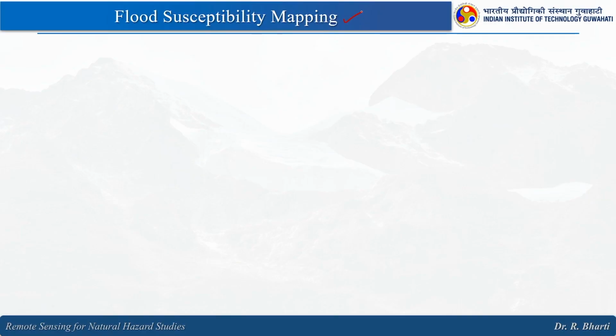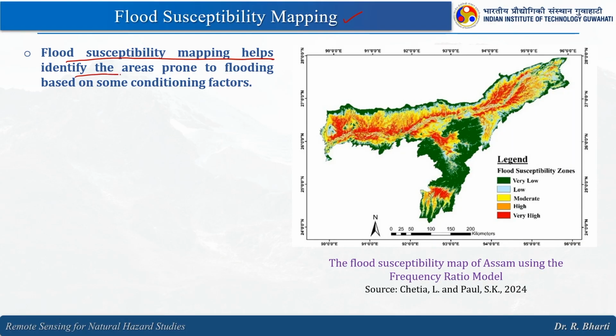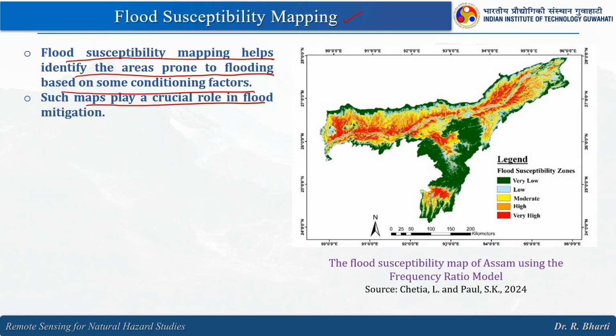One important aspect is flood susceptibility mapping. What are the areas which are susceptible to flood, which have a high probability of flood occurrence? There are different models which can be used to model the flood for a given area. Flood susceptibility mapping helps to identify the areas prone to flooding based on some conditioning factors, right. Such a map plays a crucial role in flood mitigation, because once we know that this area is in the high probability zone and this is very high, that means this particular area needs special attention.